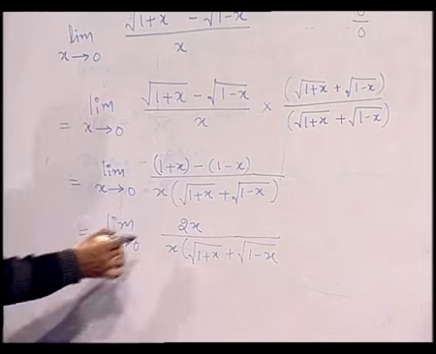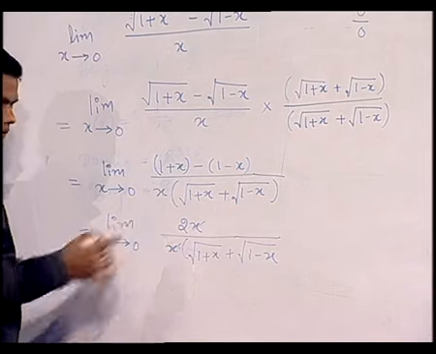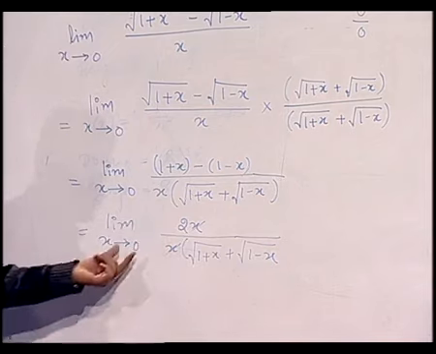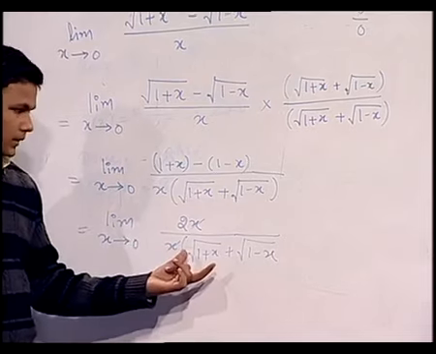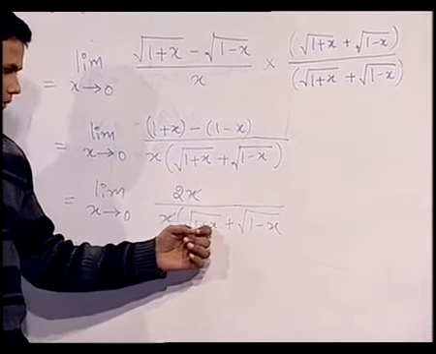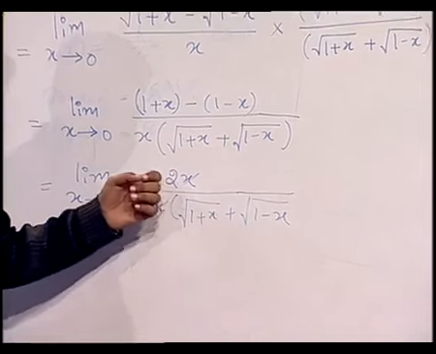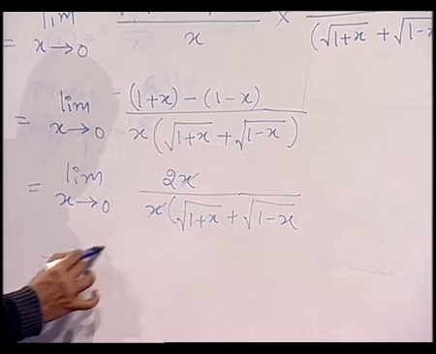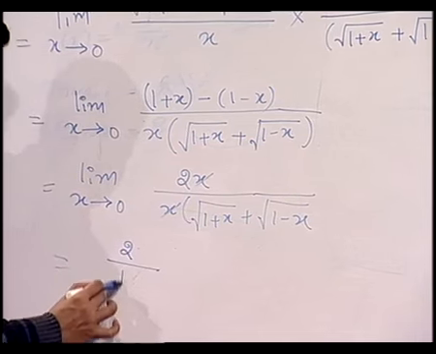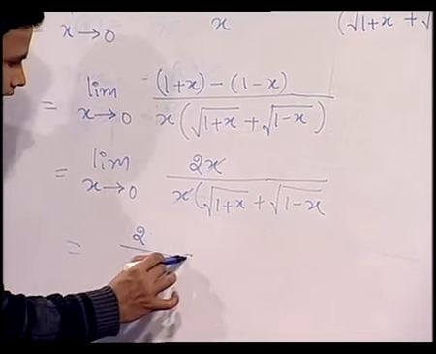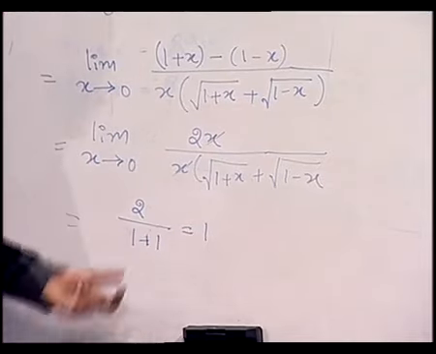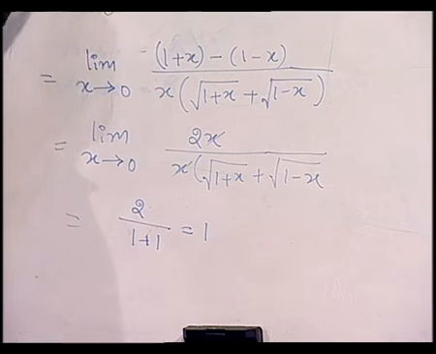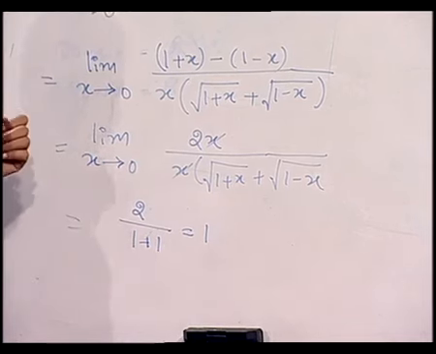And now x cancels this x, and now we can substitute x equals 0 here. So when we substitute x equal to 0, we get 2 upon (1 plus 1), that is 1. So the limit of this function is 1 when x tends to 0.